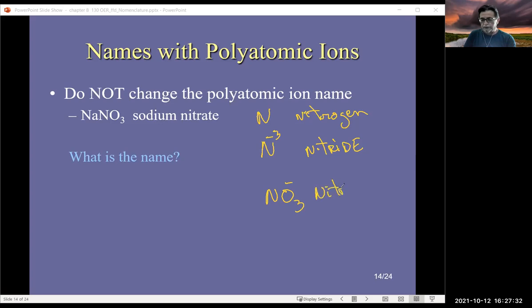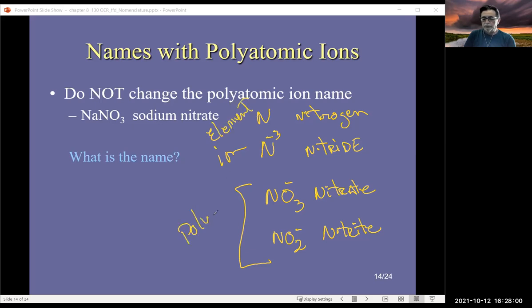And its name becomes nitrate. And there's another species with one less oxygen, with two of them, still with a negative, and that becomes nitrite. These are the polyatomic ions. This one is the single ion, and obviously this top one is the element.